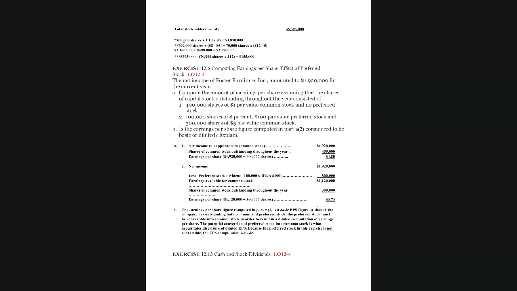So that means the 770,000 times the $5 equals $3,850,000. Okay, everybody good through this point? Only the par value gets capitalized in that common stock account. Now, which is the amount that goes to the additional paid-in capital?